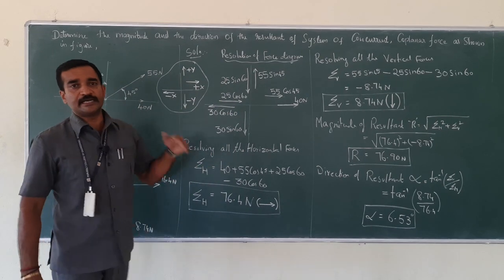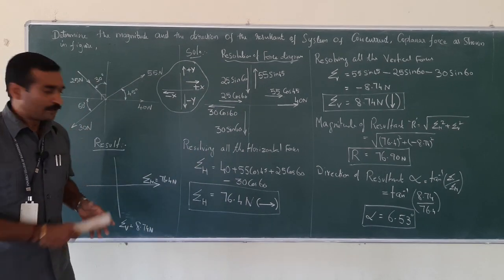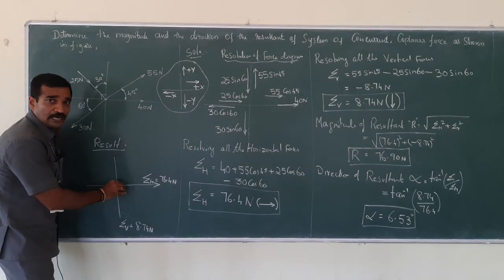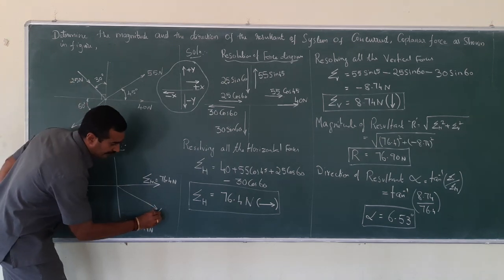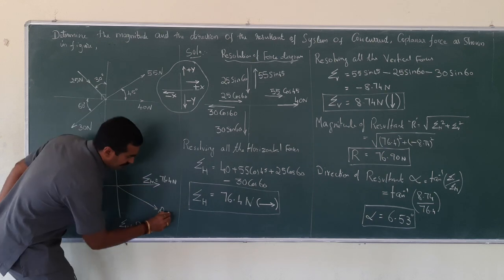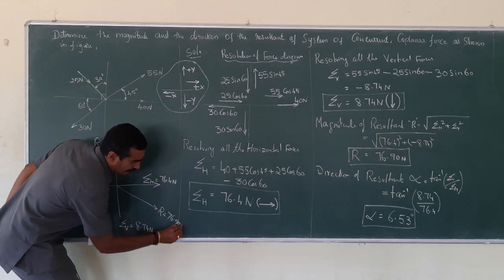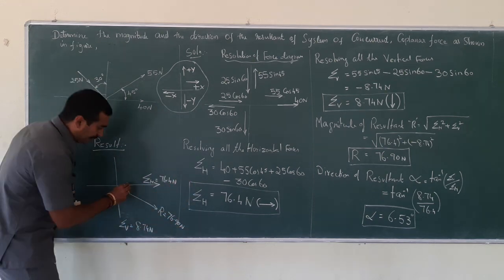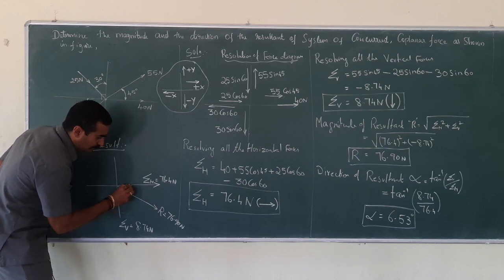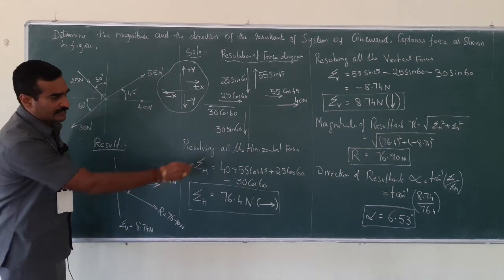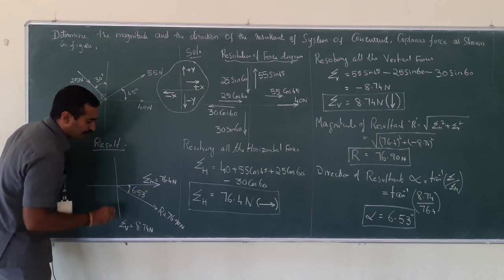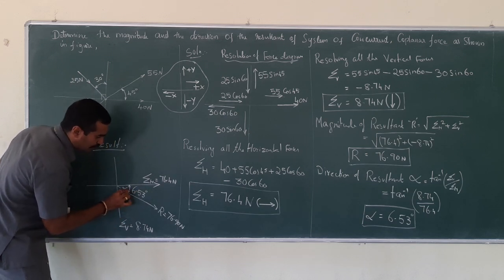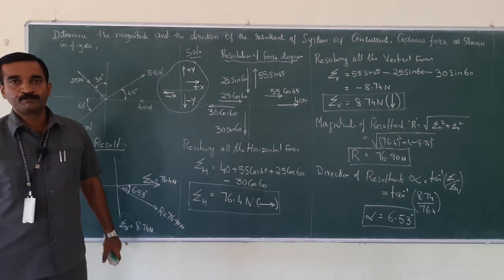Alpha should be considered with the horizontal. So from the horizontal we have to take 6.53 degrees and just draw. This is the resultant, which would be 76.9 Newton. What about the direction? The angle of the resultant is 6.53 degrees. Or if you want, you can just mention alpha is equal to 6.53.